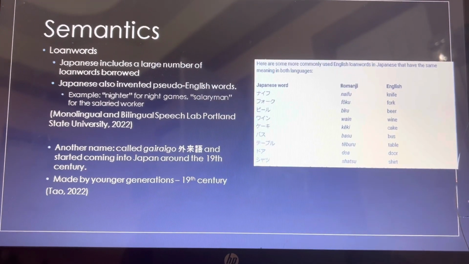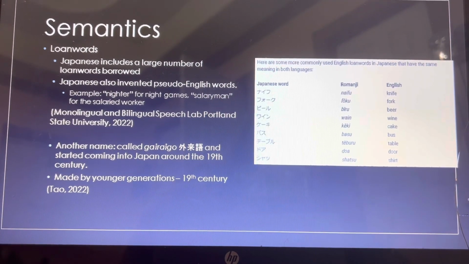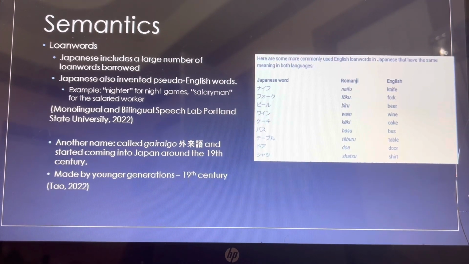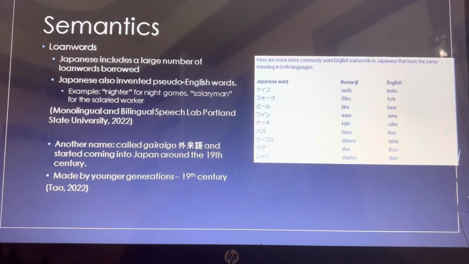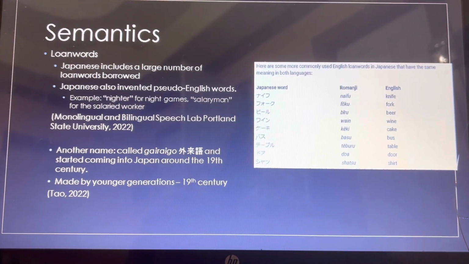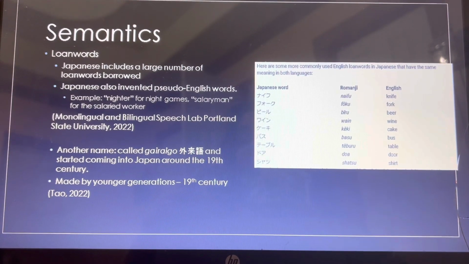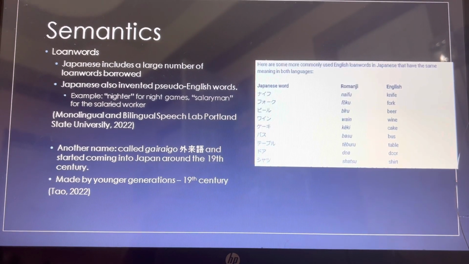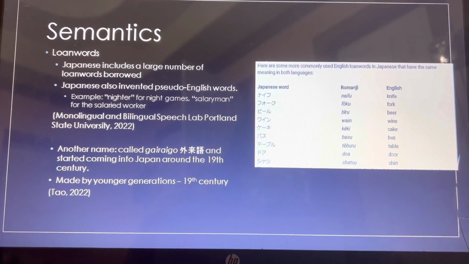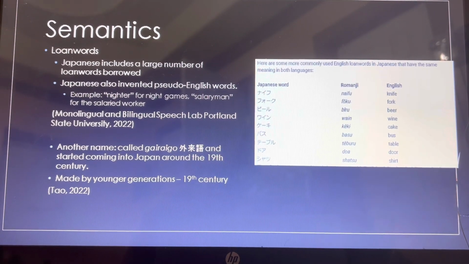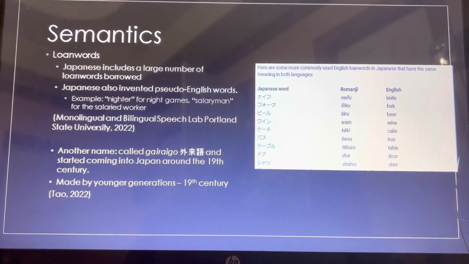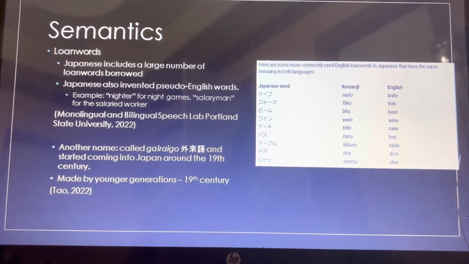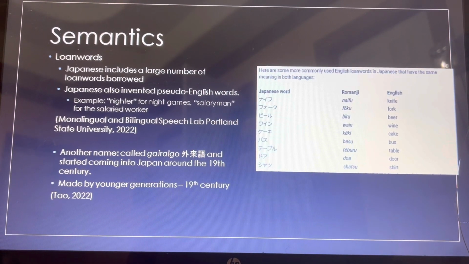This could be, for example, a couple that are Chinese, but a lot of them are English, and of course plenty of other languages that these loanwords are from. And they also have pseudo-English words, which are words that were created based on an English word, but they're not actually words that are used. It was just based on a word.